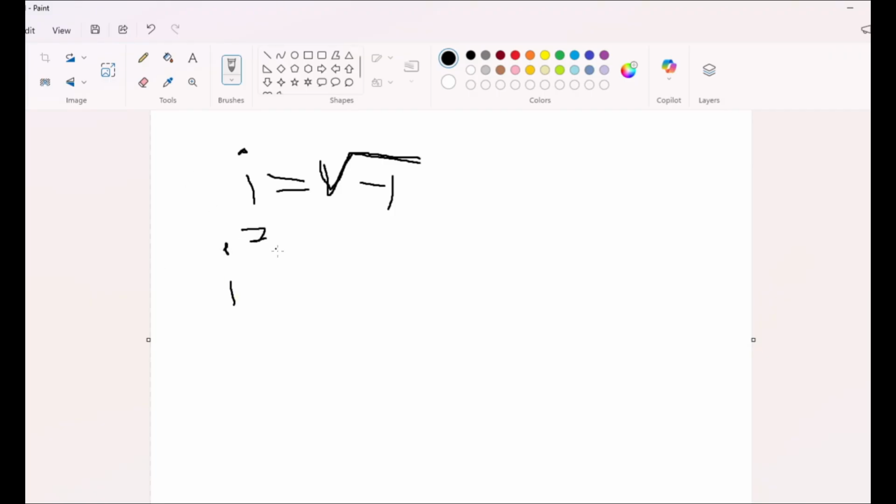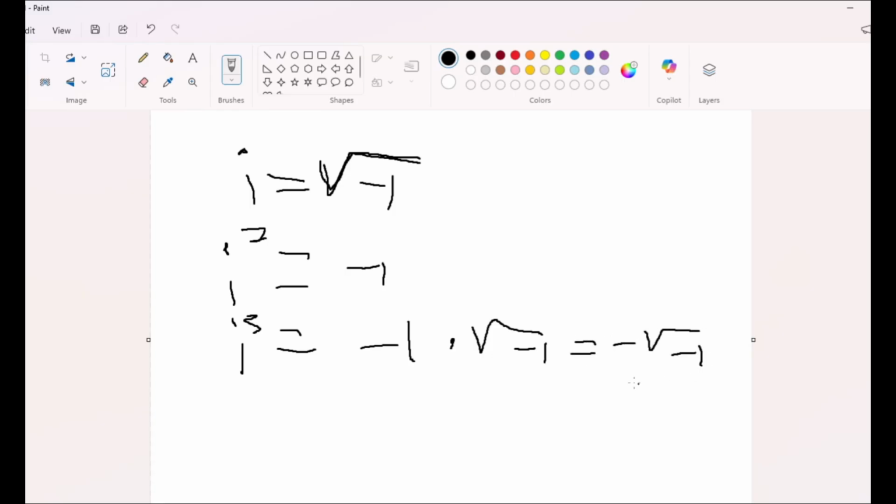But what would i squared be? This would be i times i, square root of -1 times square root of -1. It is -1. i cubed is -1 times square root of -1. That is negative square root of -1, aka -i.